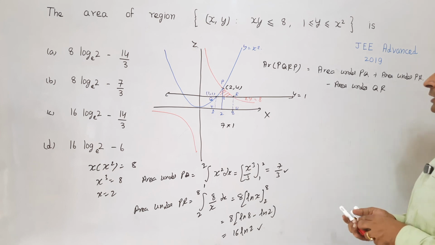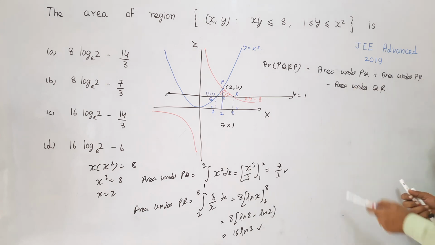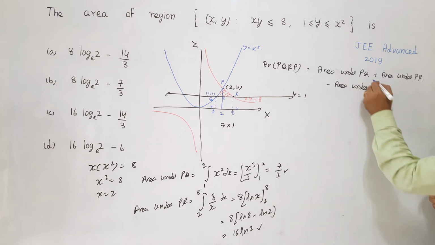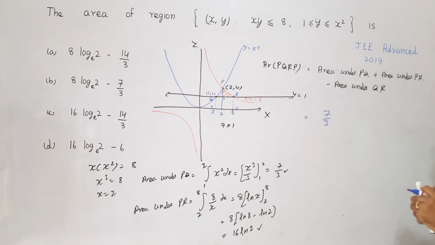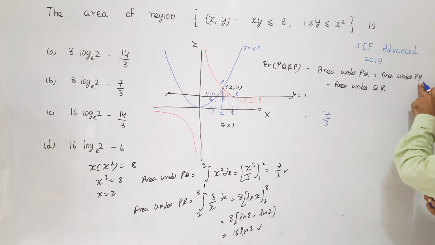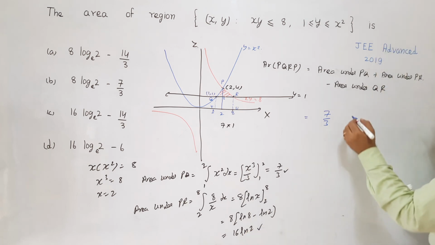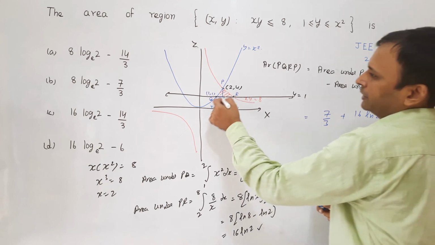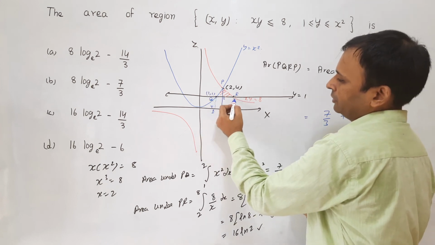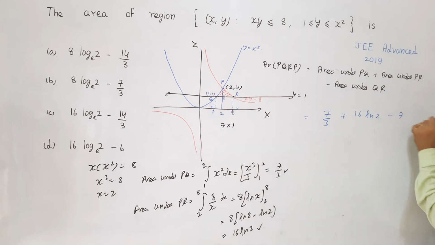So we got all the areas. The first is area under PQ, which is given by 7 by 3, plus area under PR, which is 16 log 2, and minus the area of this rectangle, which we have calculated as 7 into 1, which is equal to 7.